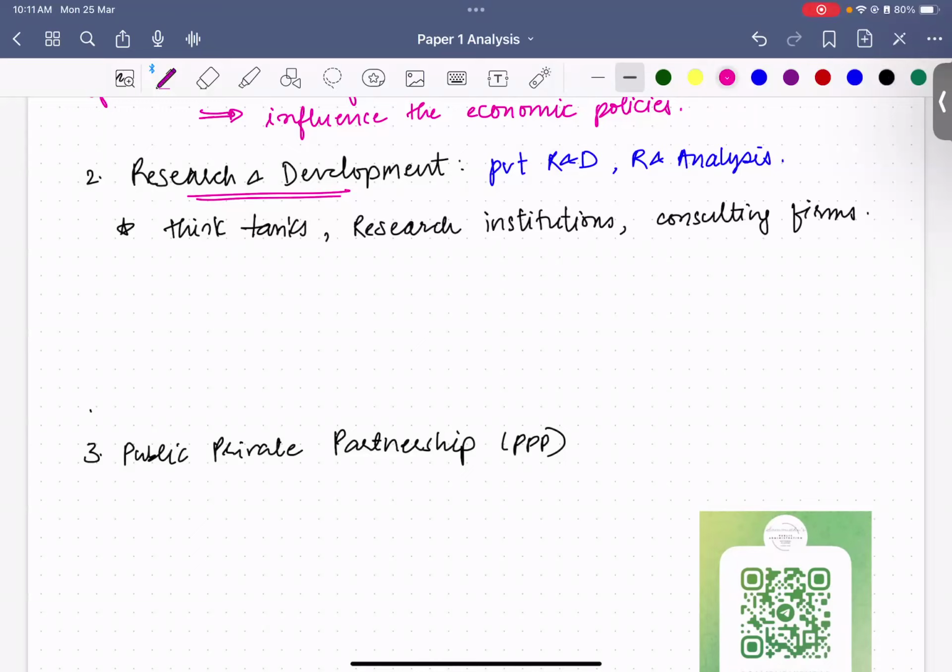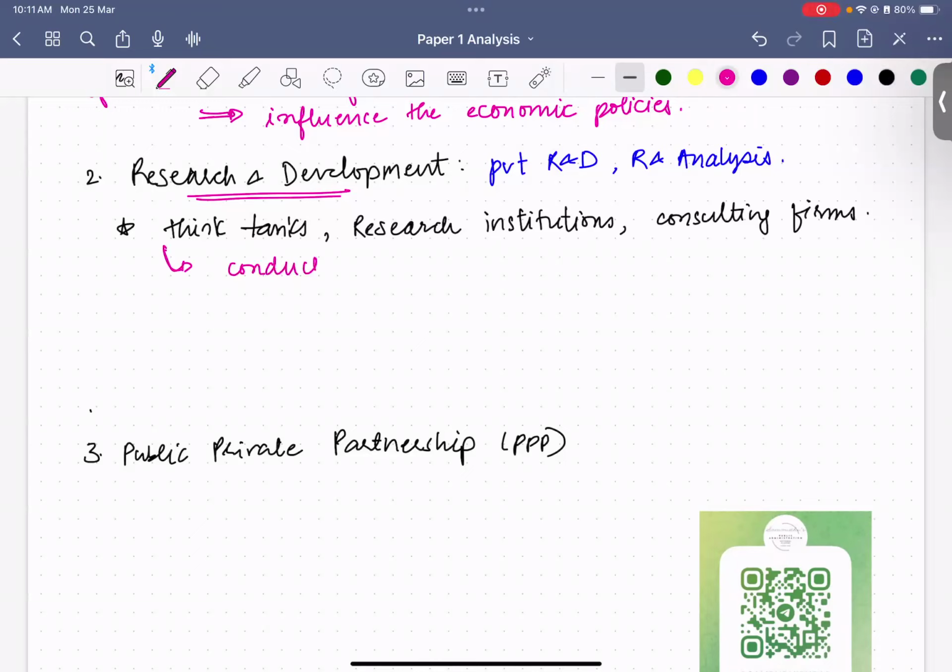They conduct R&D on various economic, institutional, social issues.